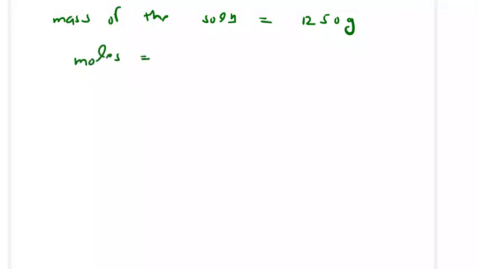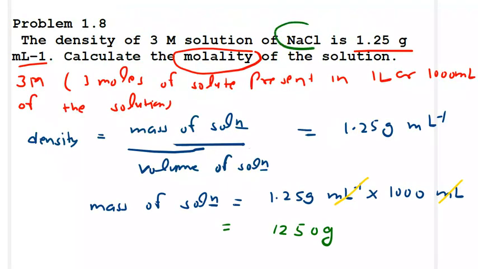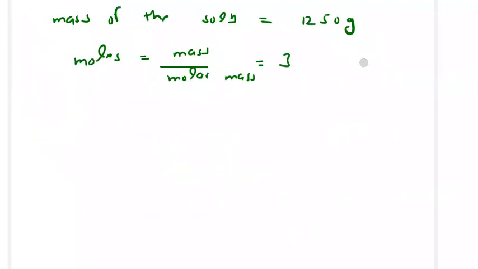Moles is equal to mass upon molar mass, which corresponds to 3, and the solute is NaCl, whose molar mass is 23 plus 35.5, which is 58.5.